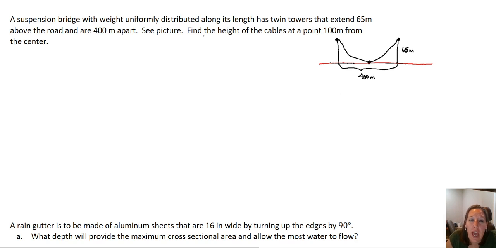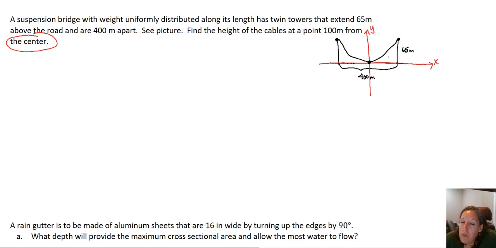Since we are looking at the second part here, where we want to know from the center, it's going to be a little bit easier if we define our y-axis to be right in between our two towers.